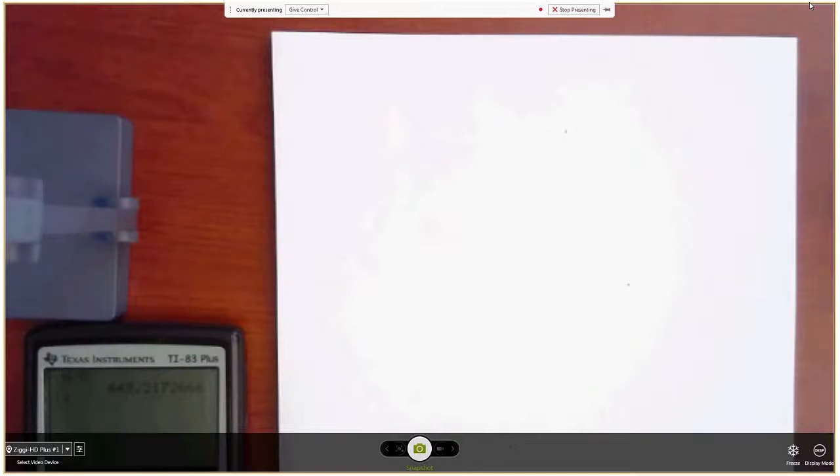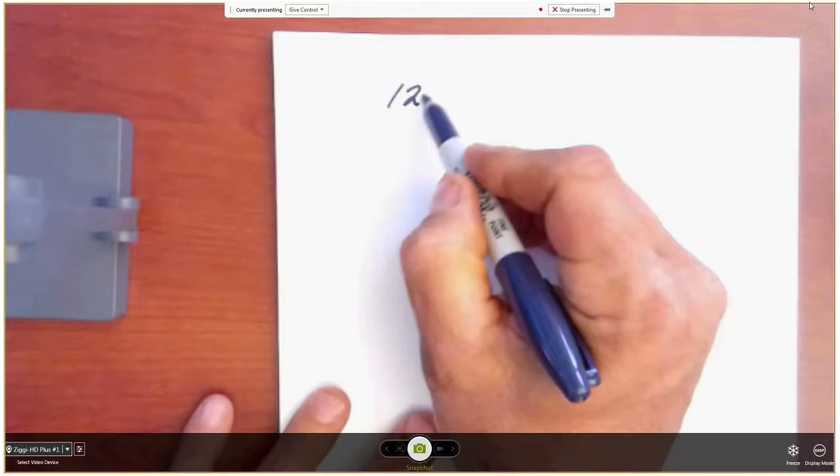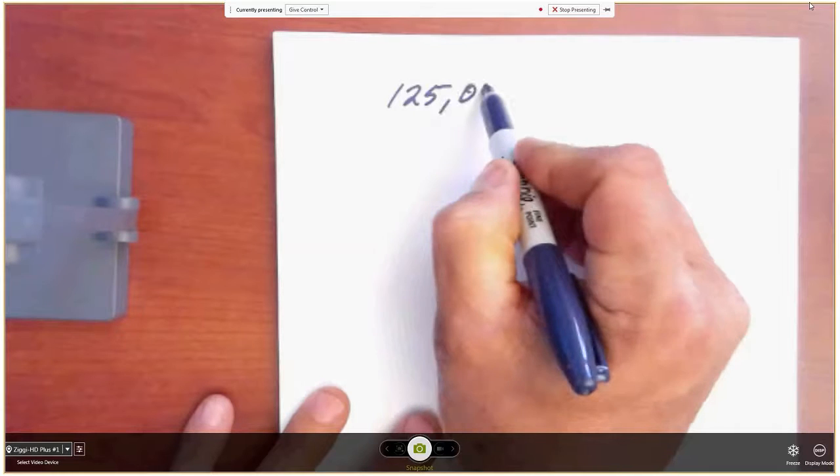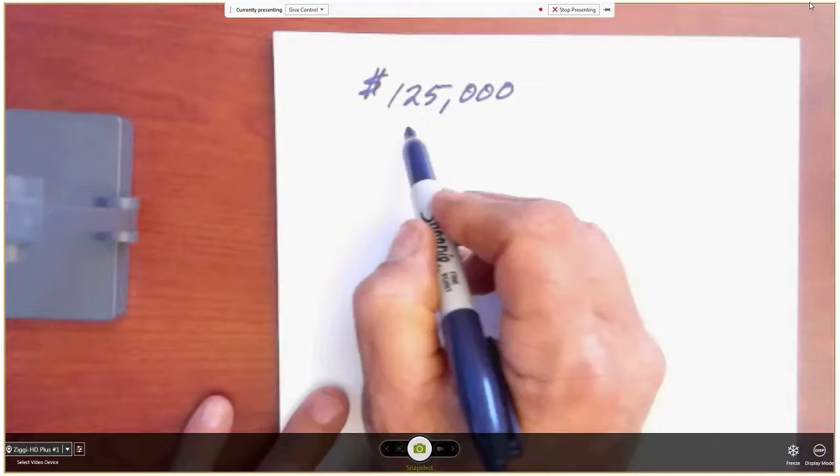So now, what about a house? Let's talk about a house. If that didn't make you sick, let's talk about buying a house. Let's say you bought a house for $125,000 and you're financing it for 30 years.